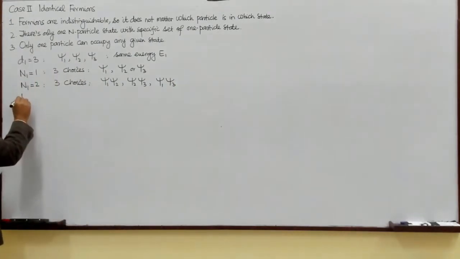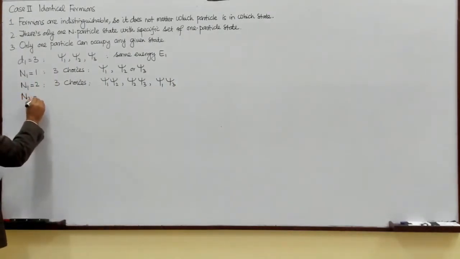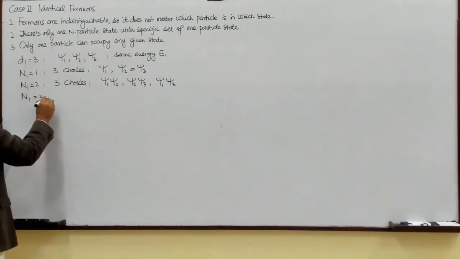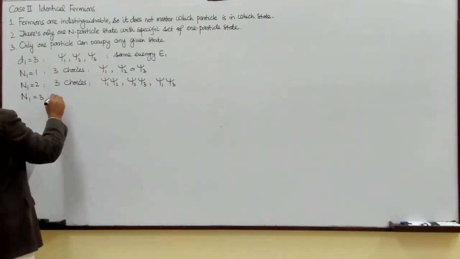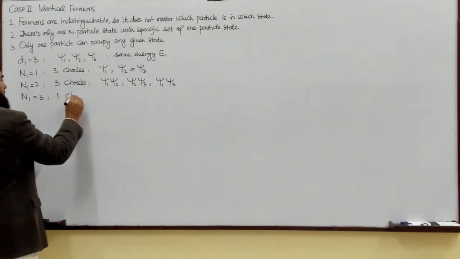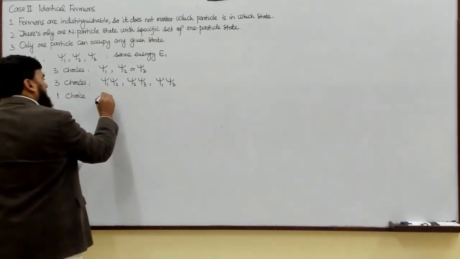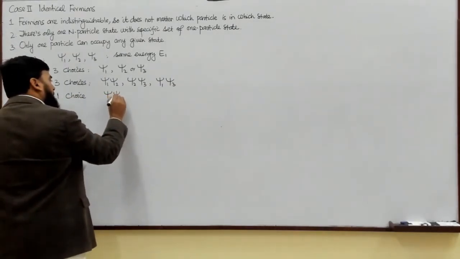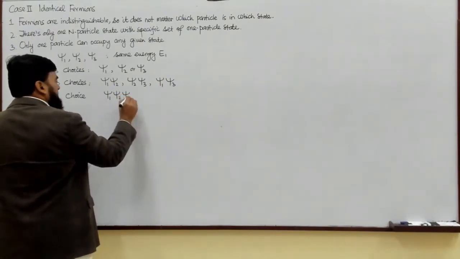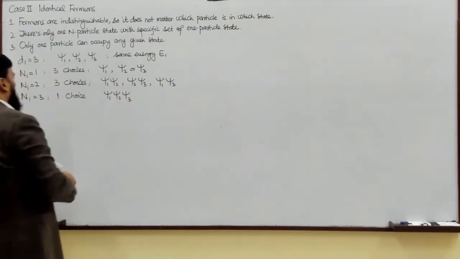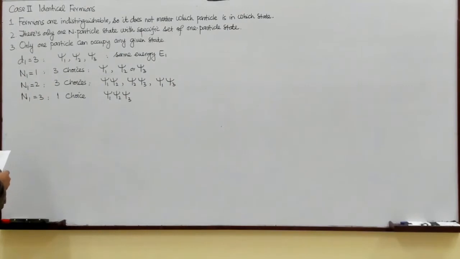But if I have 3 particles, meaning N1 is equal to 3, then how many choices do I have? Then I have only 1 choice, and the choice is that I will put 1 particle in each state.